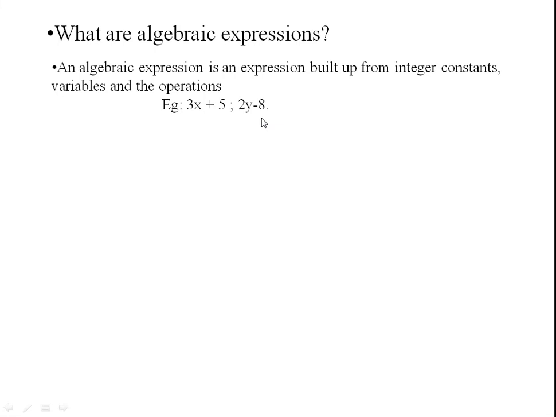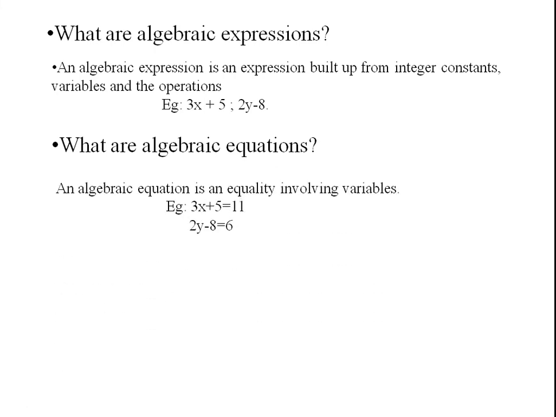What is the next concept? What are algebraic equations? Students, your first question was what are algebraic expressions? The second question is what are algebraic equations? Let's see what is the answer. An algebraic equation is an equality involving variables.